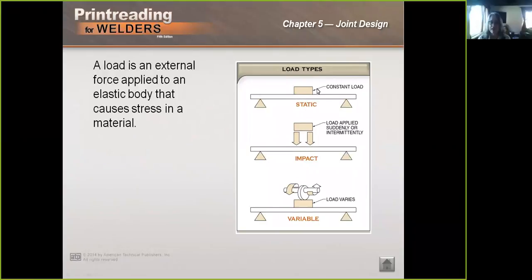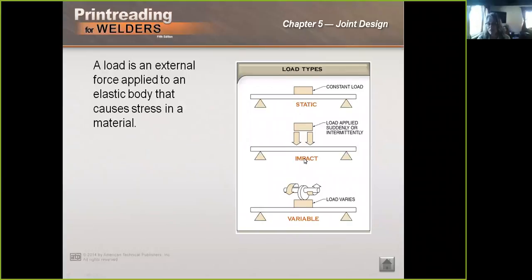An example of a static load is the weight of a building on its foundation. That is a static load. An impact load is, well, for example, the impact of a jackhammer on concrete. Now that's usually a destructive load. But you can think of other impact loads.